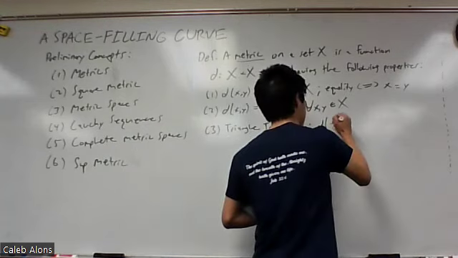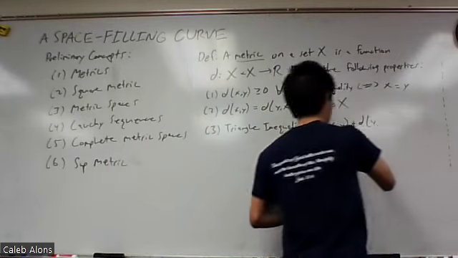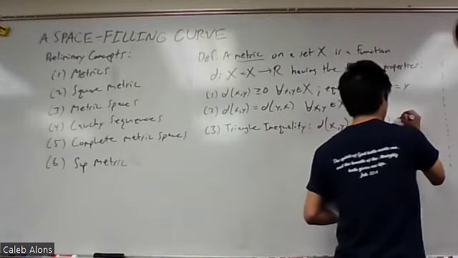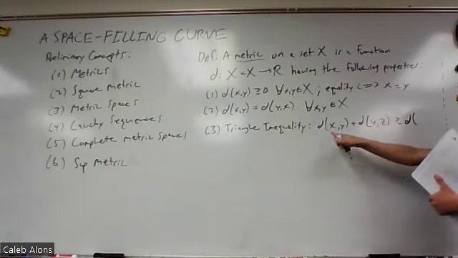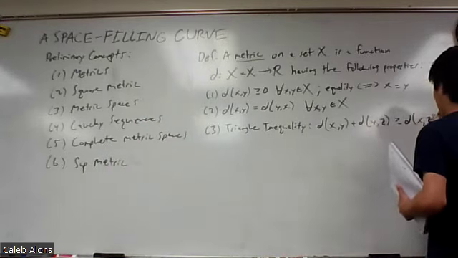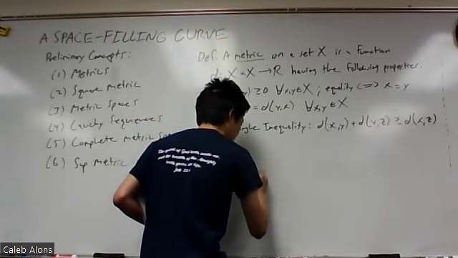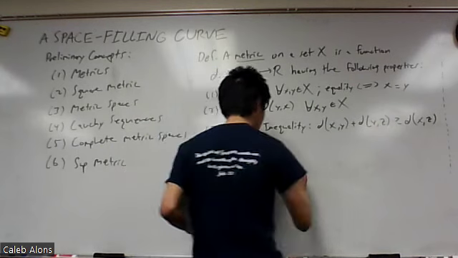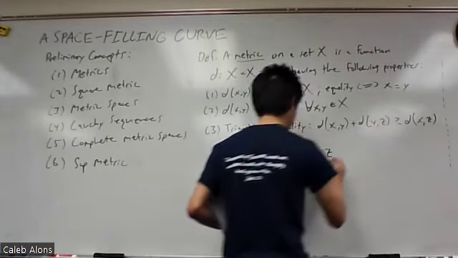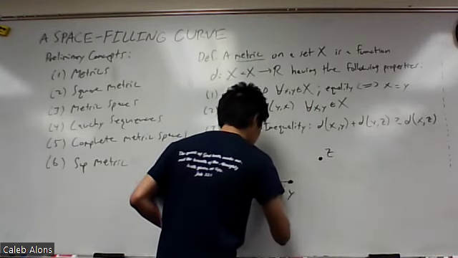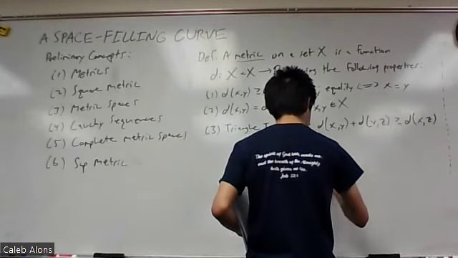Which basically says if I take the distance from two points and then add on the distance from the endpoint onto some third point, that overall sum will always be greater than or equal to if I did a shortcut and just cut from x to z. And in the plane, as an example, if I have x, y, z, then this is d(x,y). This is d(y,z).